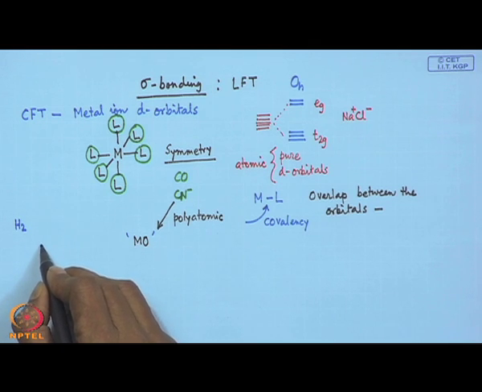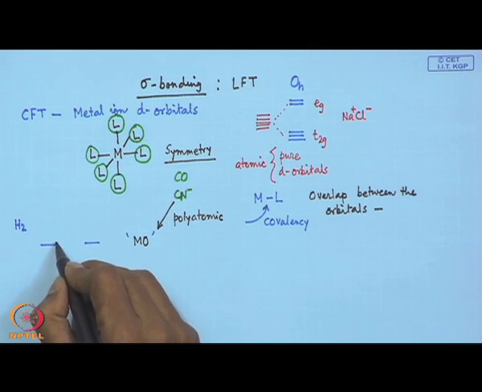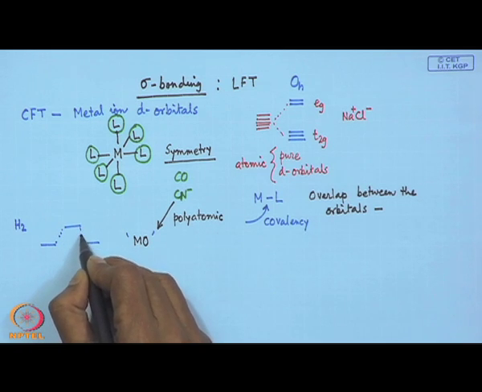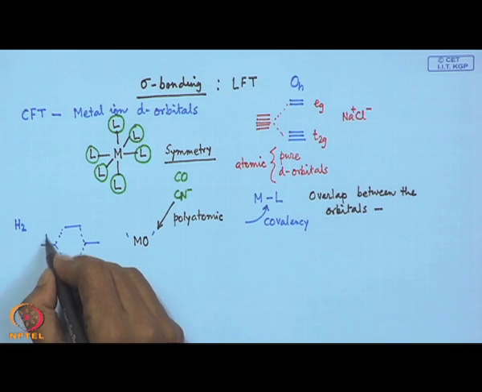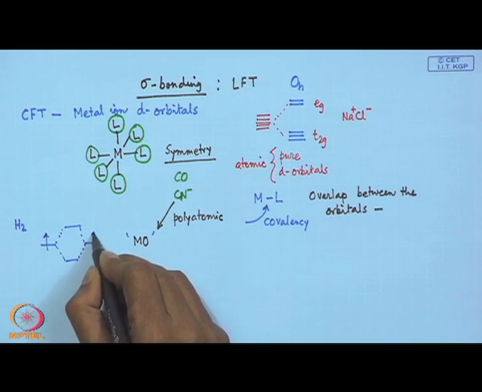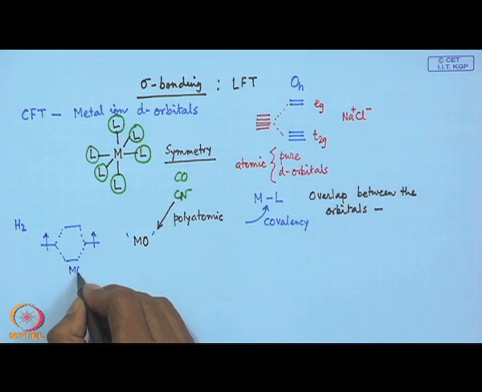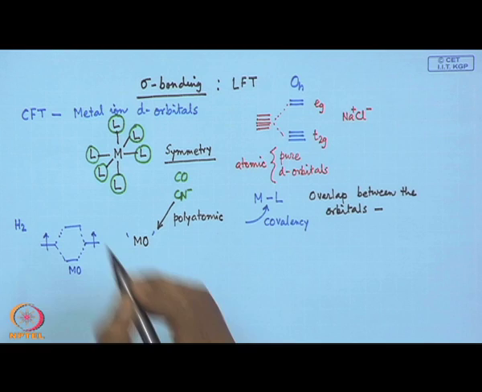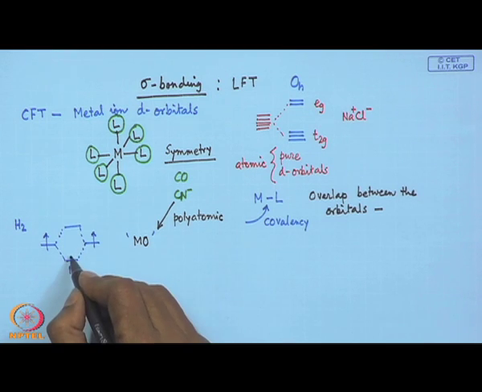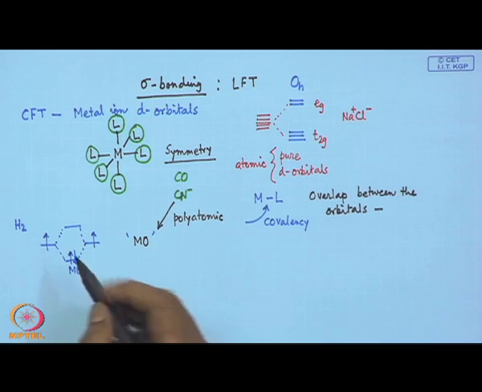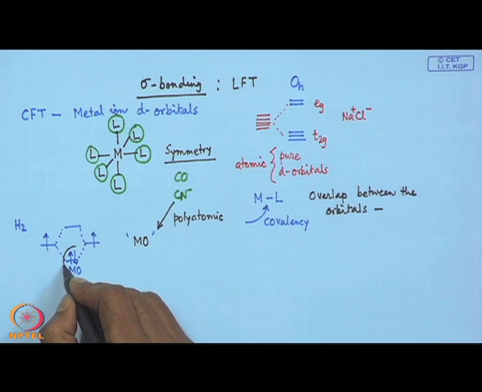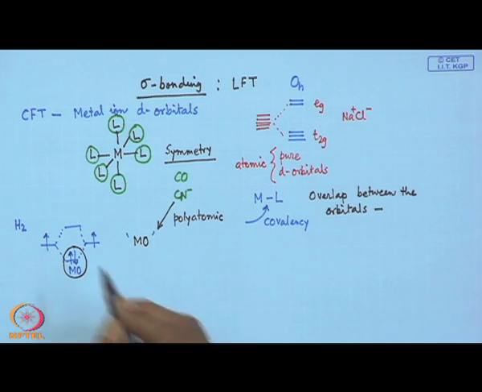For the hydrogen molecule we can have the molecular orbitals like this. One is the bonding molecular orbital and another is the anti-bonding molecular orbital. The molecular orbital picture for the hydrogen molecule tells us that its two electrons are present in the level of the bonding molecular orbital.